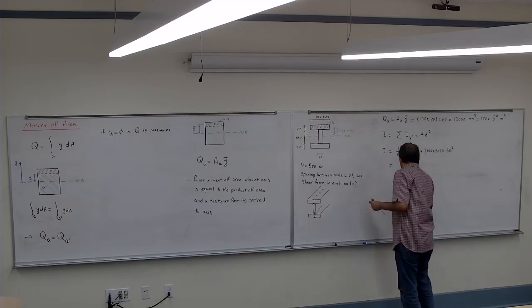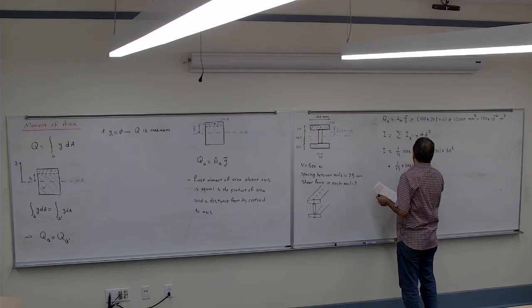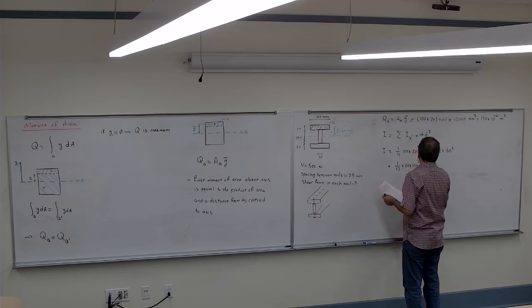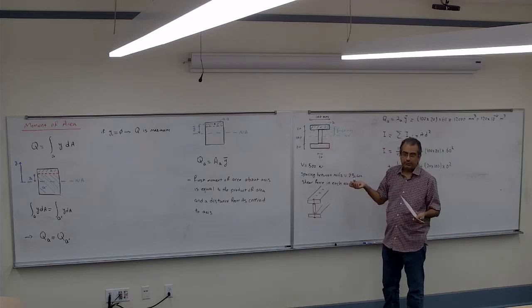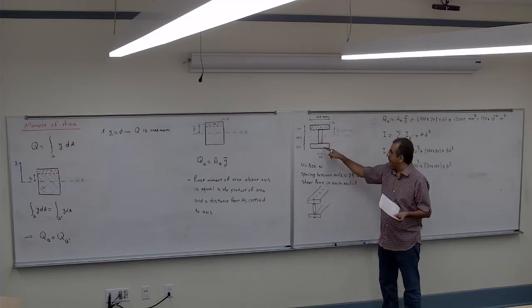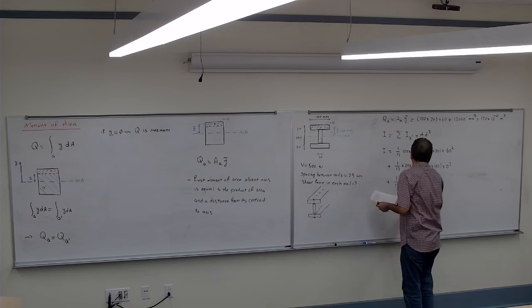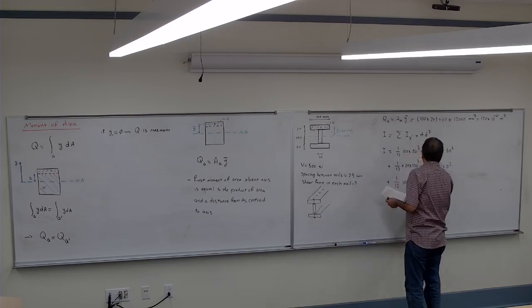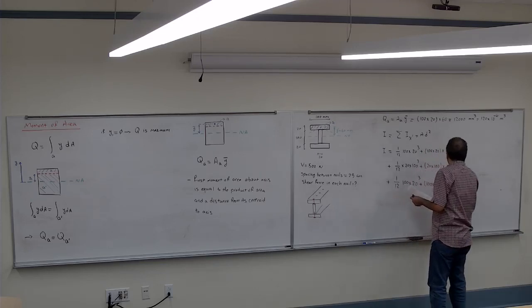For the middle part, I'm going to write it as 1/12 of 20 times 100 cubed plus the area, 20 times 100, times the distance between its centroid and the neutral axis, which would be 0 because they're the same. And the bottom part is the same as the top part, so it's 1/12 of 100 times 20 cubed plus 100 times 20 times 60 squared.